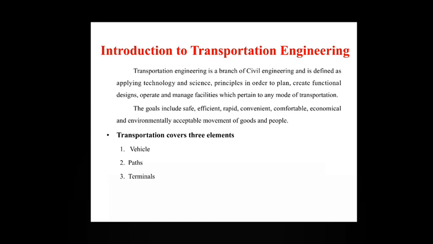That is, a raw material which is being produced has to be transported to the industries or the processors, wherein it is being processed and then again being brought for distribution.